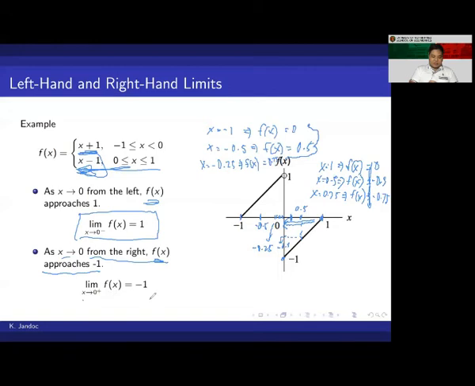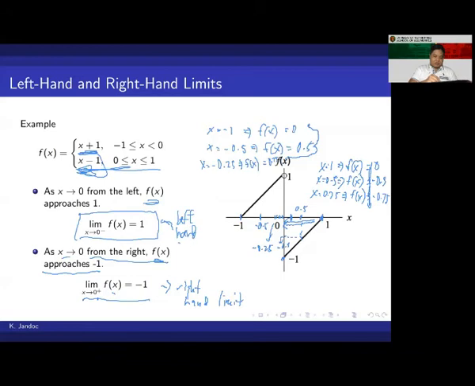So we write it this way. This is the right hand limit, and this is the left hand limit.